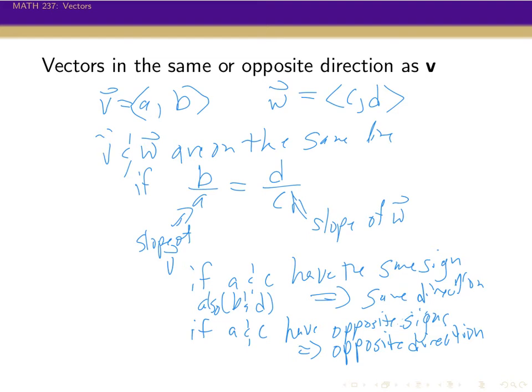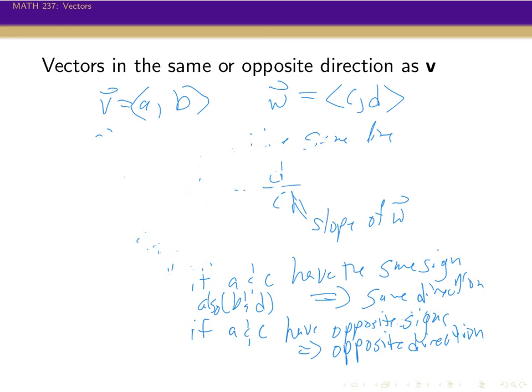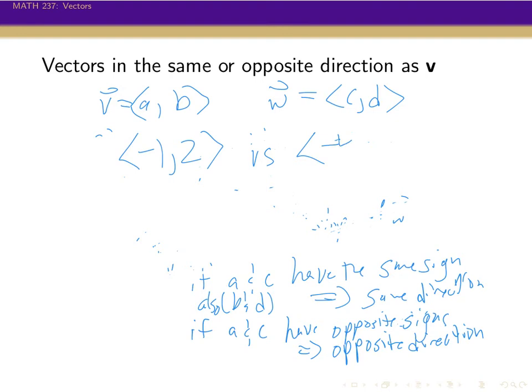So let's do a quick example with actual numbers. Okay, so if we have minus 1, 2, so going minus 1 in the x direction, plus 2 in the y direction, versus minus 4, 8, right?